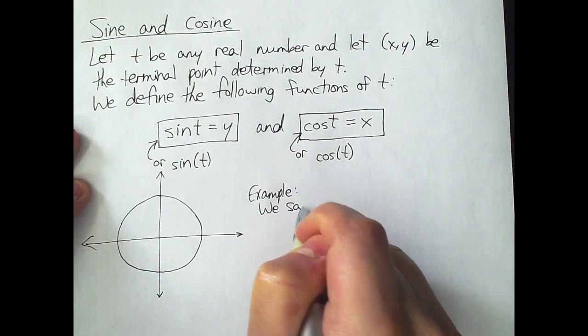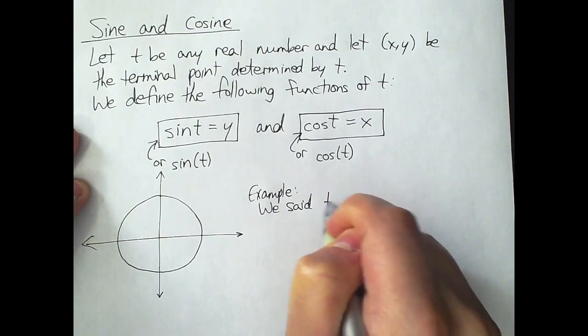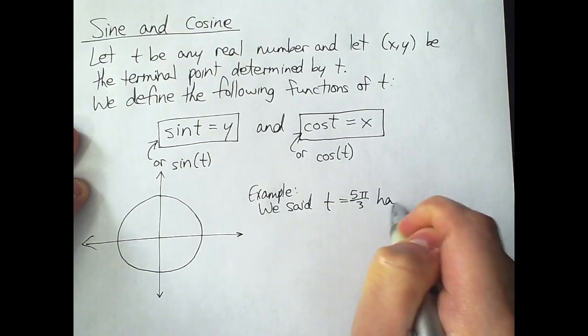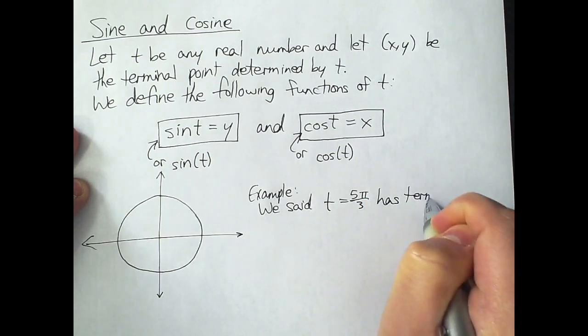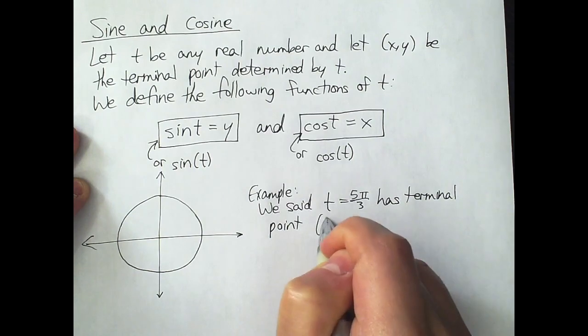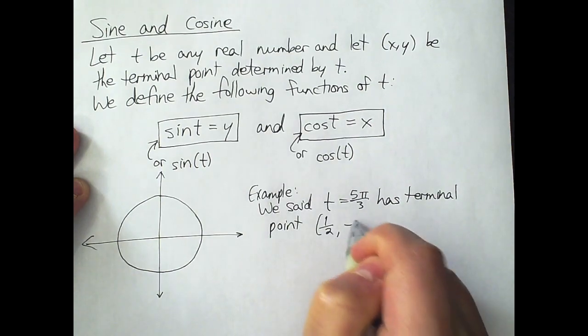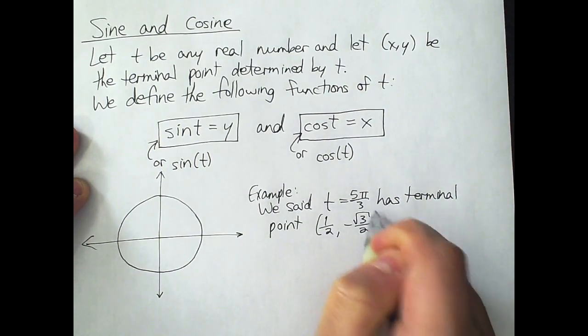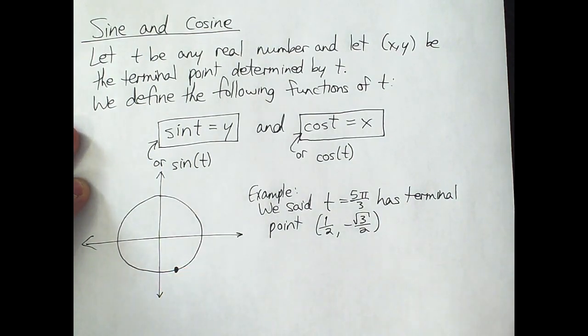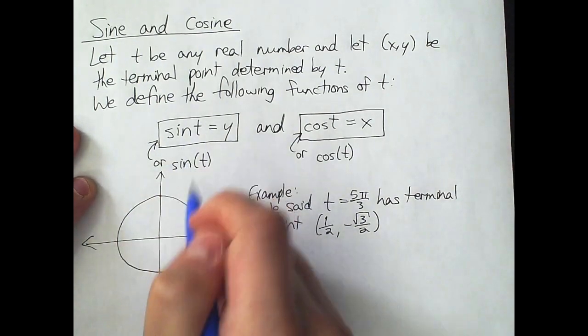We said that t equals 5 pi over 3 has terminal point 1/2, comma, negative square root of 3 over 2. That was the one we did earlier. That took us to about here. I just decided to use the warm-up problem that we did earlier.